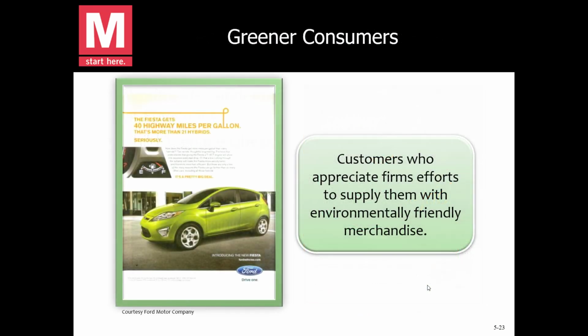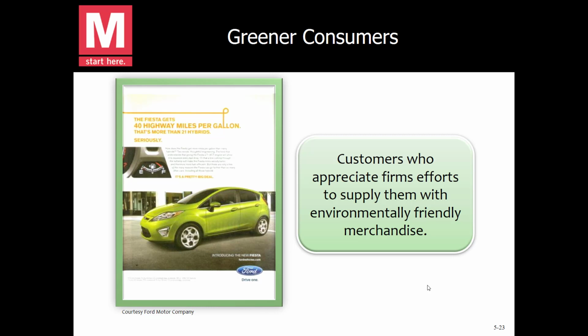And then another social trend is called the greener consumer. These are those consumers who believe in more environmentally friendly products. And firms today are making efforts to supply their customers with environmentally friendly and sustainable merchandise and services. For these greener consumers, marketers are encouraging consumers to replace their washing machine with a new energy saving machine and detergent which is more phosphate free.